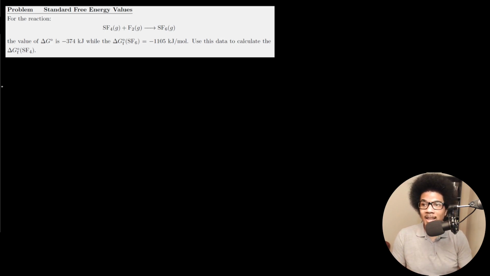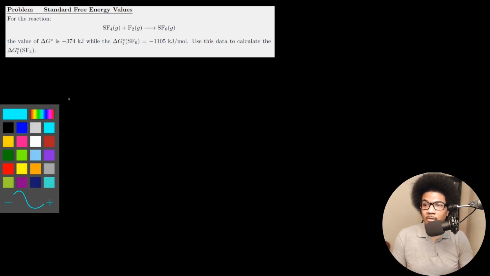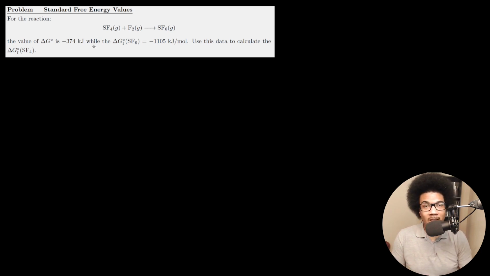So I wanted to highlight this example to show you that just the same way that we calculated the enthalpy for the reaction and the entropy for the reaction, we can do the exact same thing for the free energy for the reaction. So it follows a similar Hess's law as well.